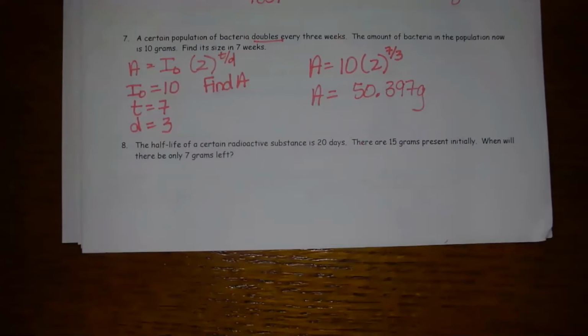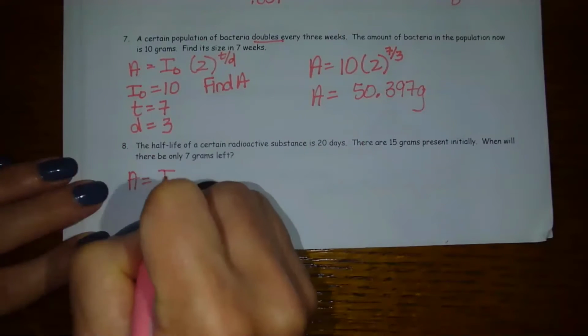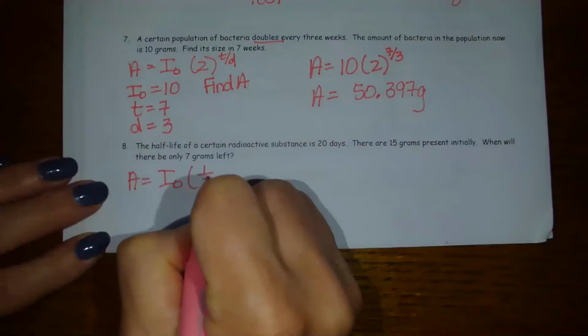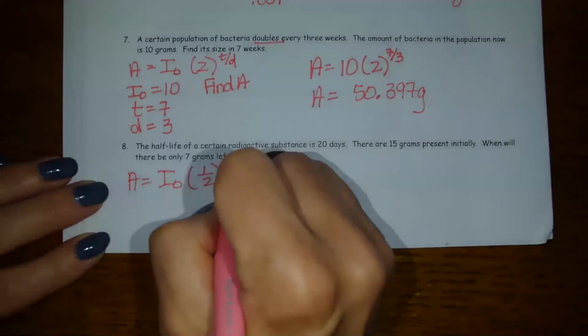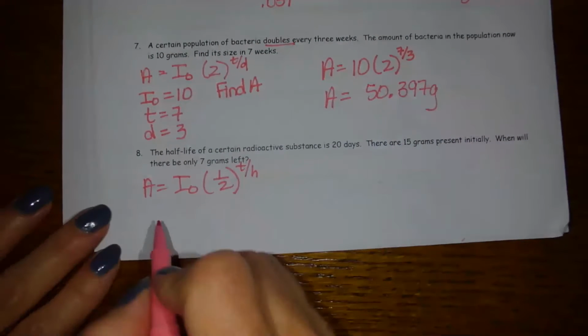Okay, last one, the half-life. Okay, I'm going to write my half-life formula down. It's really the same as this one, right? Except since it's half instead of double, we're going to do half. And then we'll call it the half-life. So the half-life of a certain radioactive substance is 20 days.